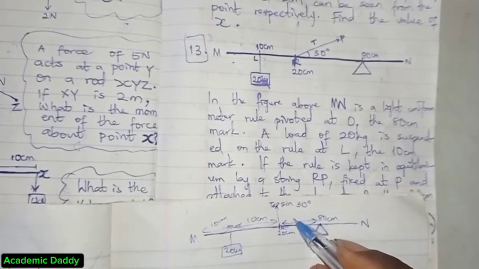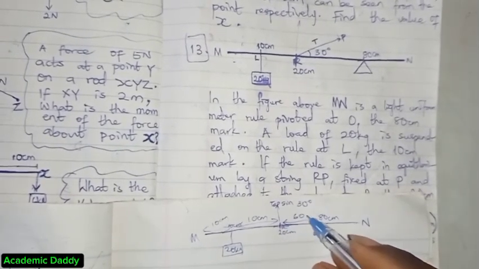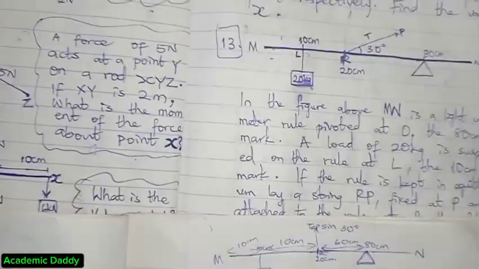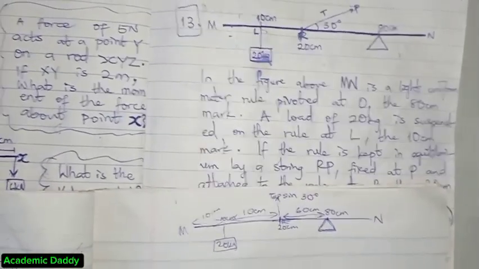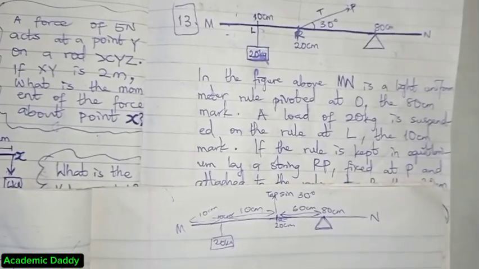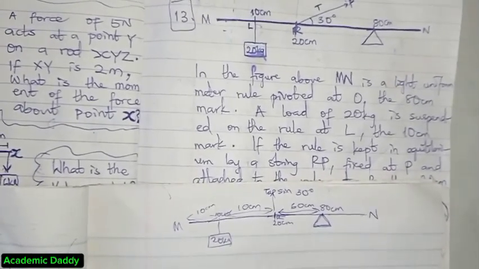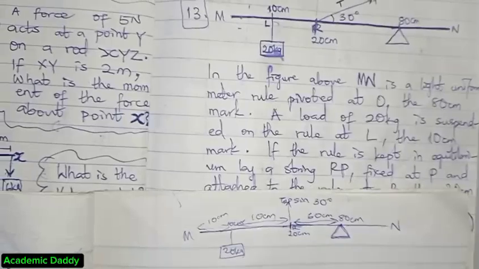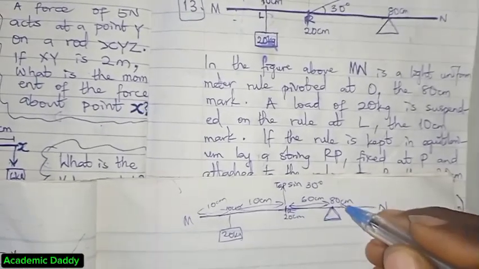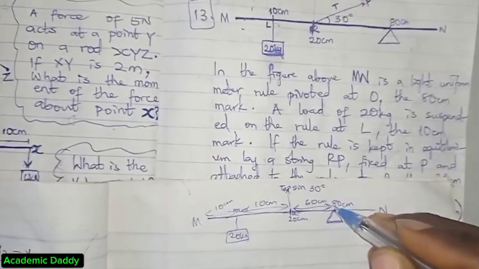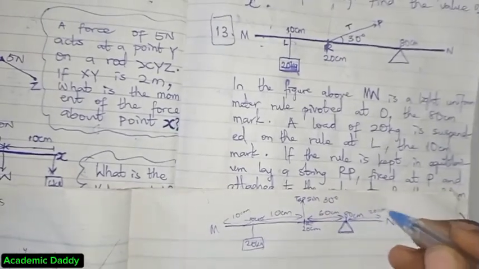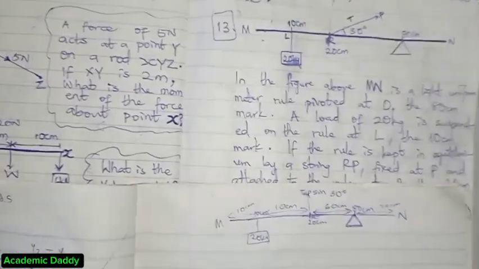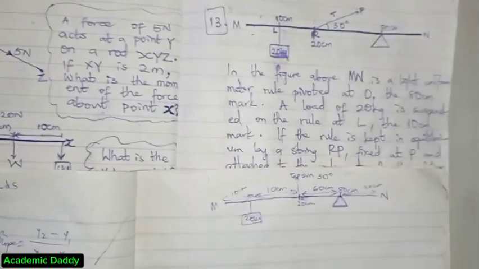So the gap between these two should be 60 cm. That's 80 minus 20, 60 cm. So that means that what is remaining here, from this point to this point, should be 20 cm.